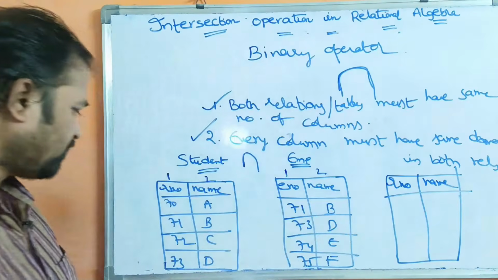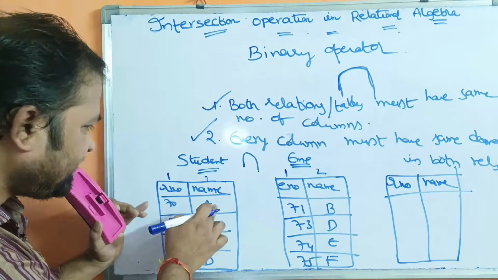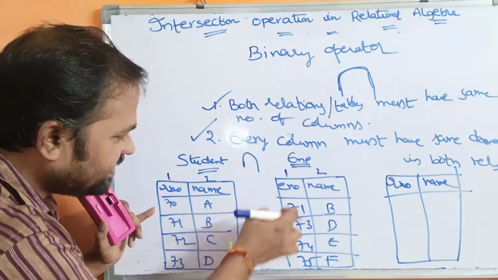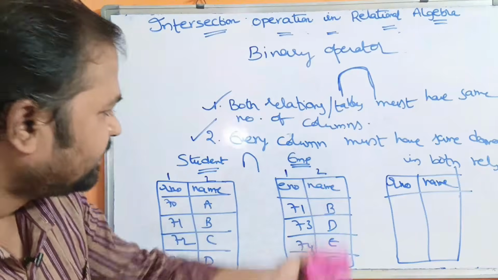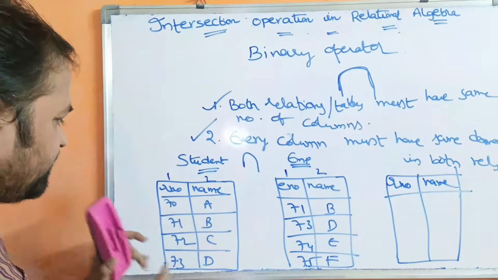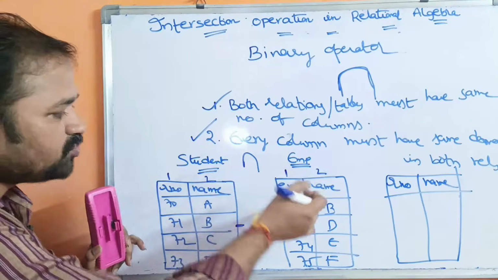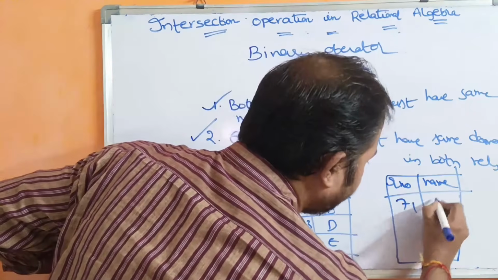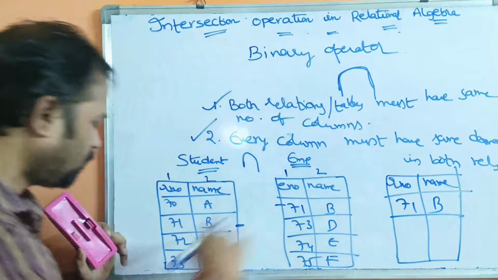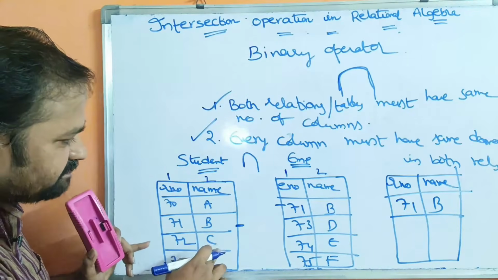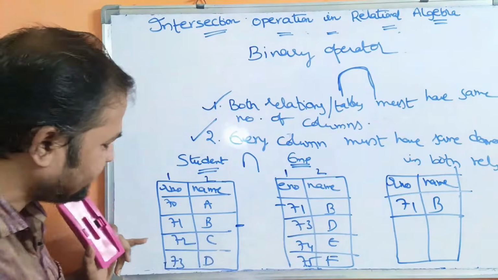Now let us see what the common tuples are. 70A is not present in the second table. Next, 71B is present in both the relations. So 71B is the first tuple, first row. Next, 72C is not present in the second relation.